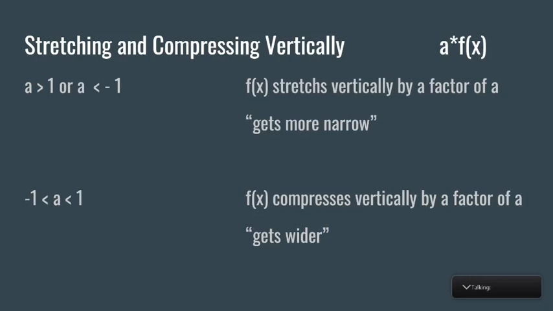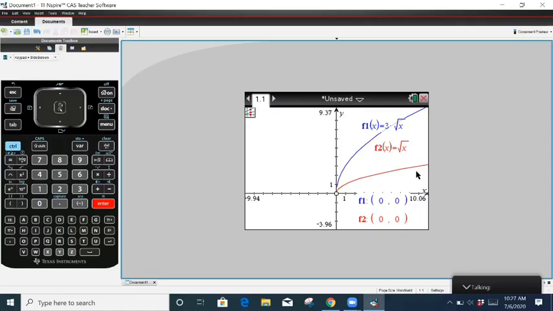So let me show you what I mean. Here in red I have y equals the square root of x, and in blue I have y equals 3 times the square root of x. If we look at the red graph's points, we've got (0, 0), (1, 1), (4, 2). Now if we compare it to the blue graph, it's the same function except the square root of x is getting multiplied by 3.